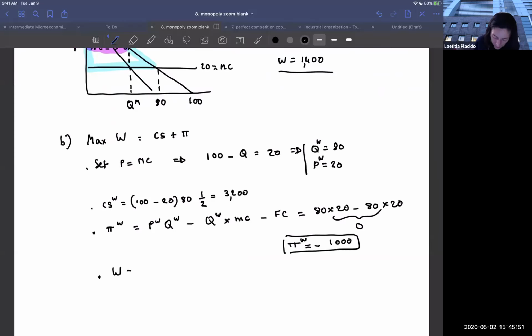The welfare is the sum of the consumer surplus and the profit, which is 3,200 minus 1,000. All right, so the social welfare is positive, but the firm incurs losses.